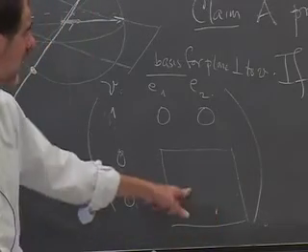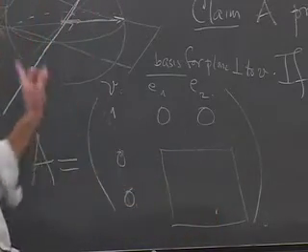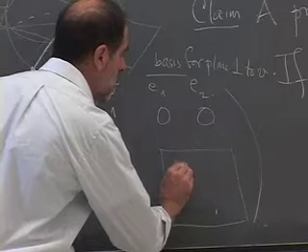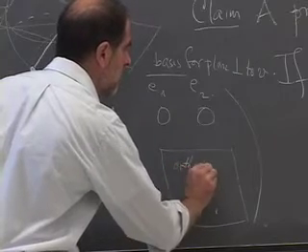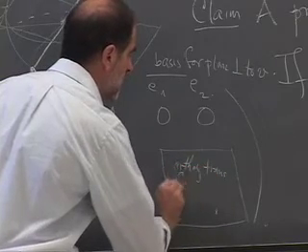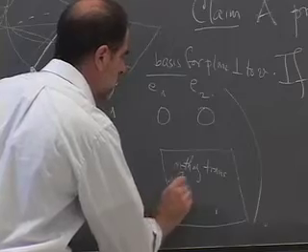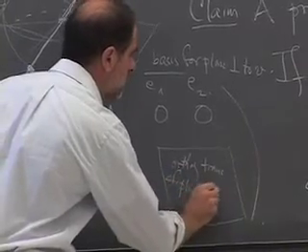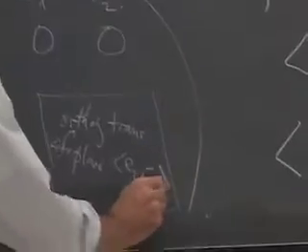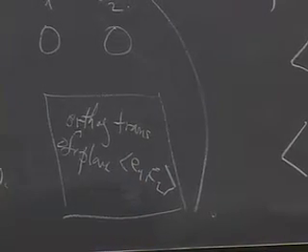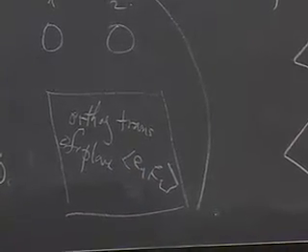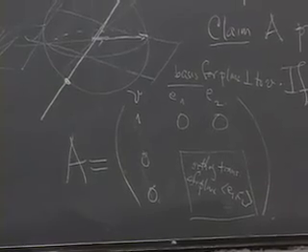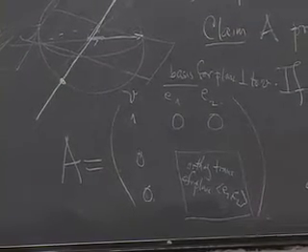Namely, this is an orthogonal transformation of the plane spanned by E1 and E2, because otherwise you wouldn't get an orthogonal matrix A. Namely, if it preserves the inner product on 3 space, it certainly preserves the inner product of vectors in this plane.